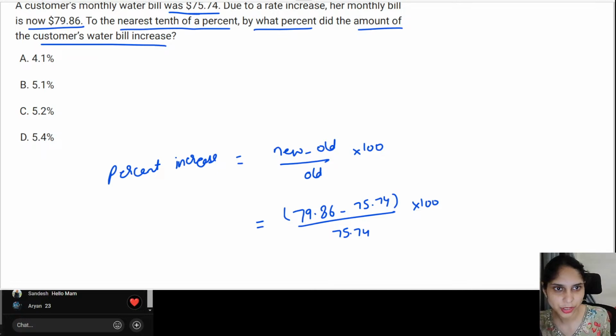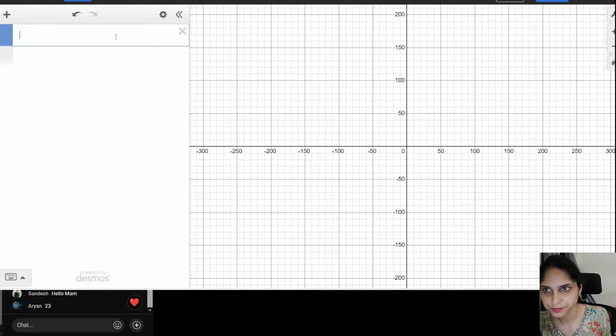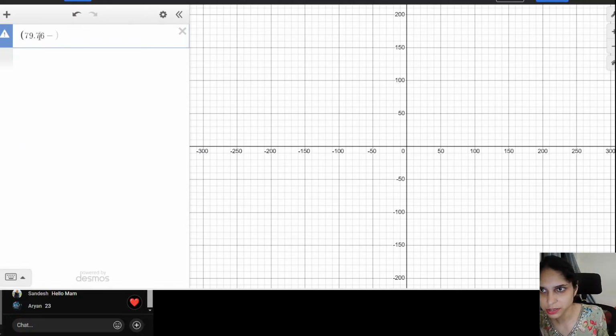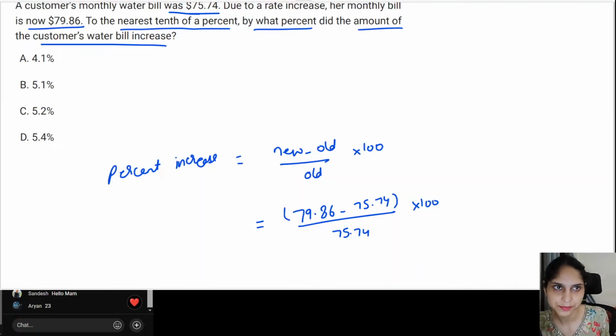Yeah, let's just put it in Desmos and get our answer. 79.86 minus 75.74, I guess. Yeah.